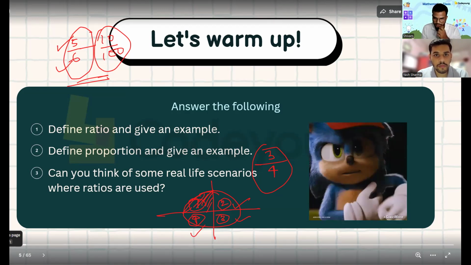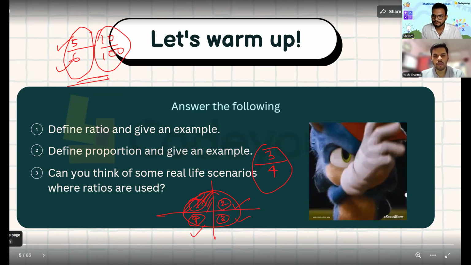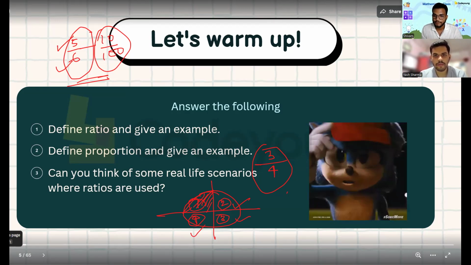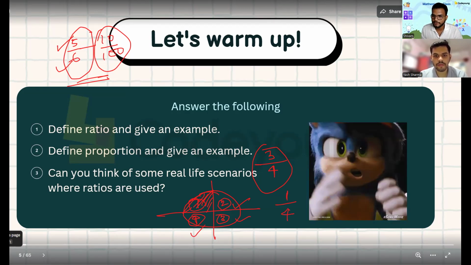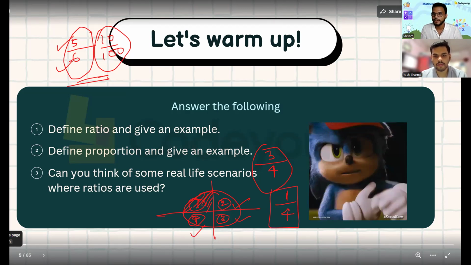So how many pizza slices have you eaten? Tell me. One. One by four. Yes, 1 by 4. Why is it 4? Because we have a total of 4 slices, right? Among 4 slices, you have eaten one.